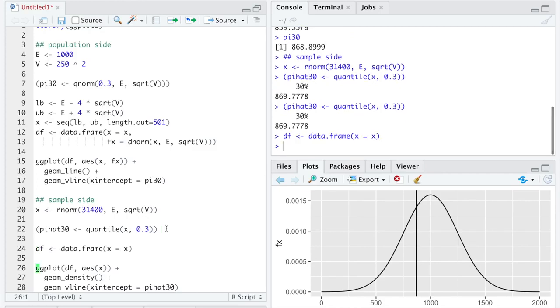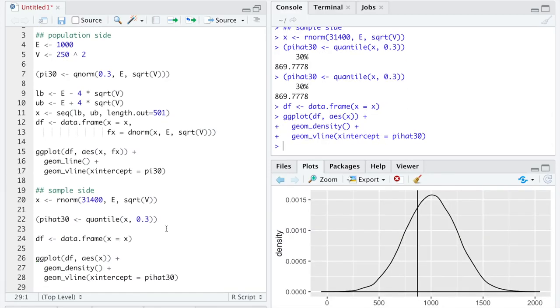We put all that into a data frame and recreate this plot we have on the bottom right from a finite sample. You can see it's a little bit more squiggly. It's not as perfectly smooth since we are now on the sample side, but we're estimating the population parameters, the density function, and the 30th percentile quite well.